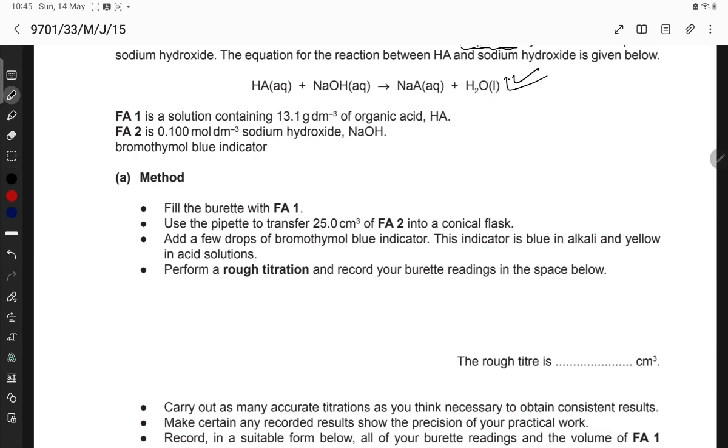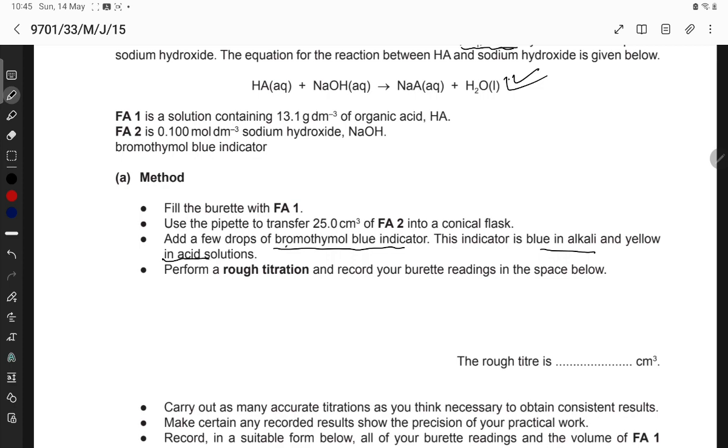So use the pipette to transfer 25 centimeter cube of Fa2 into a conical flask. Add a few drops of bromothymol blue indicator, because this indicator is blue in alkali and yellow in acid solution.